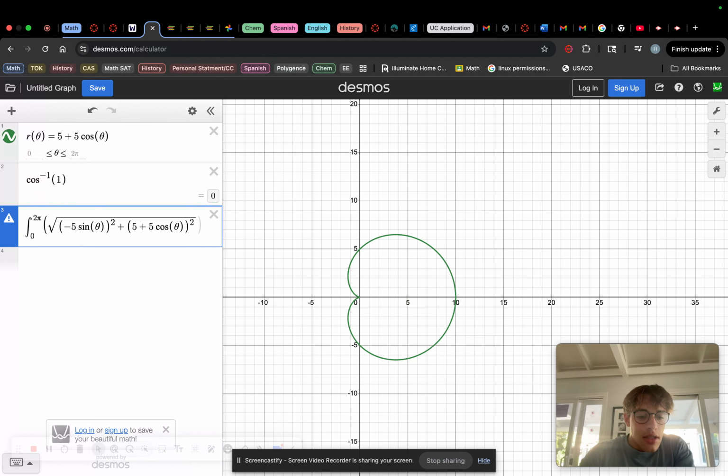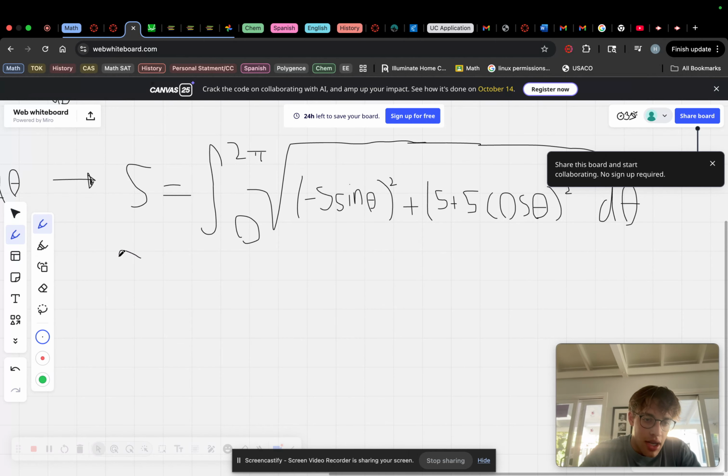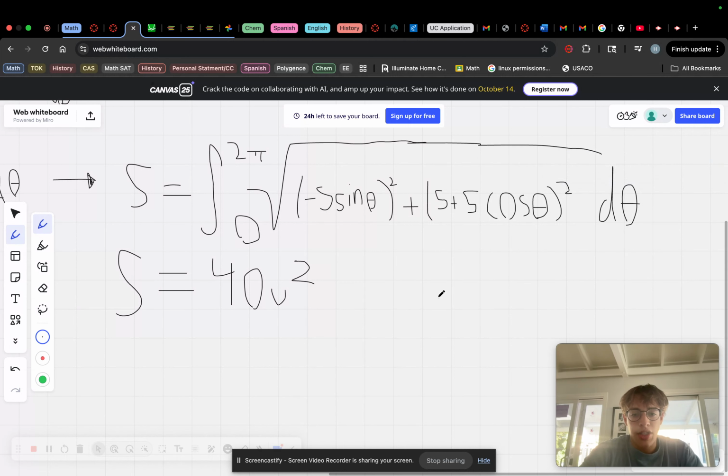That looks right. Now we can evaluate this if I put the extra parenthesis in there. And we can see that this integral comes out to equal 40. So S equals 40 units squared. Yeah, so that's our answer, 40 units squared.